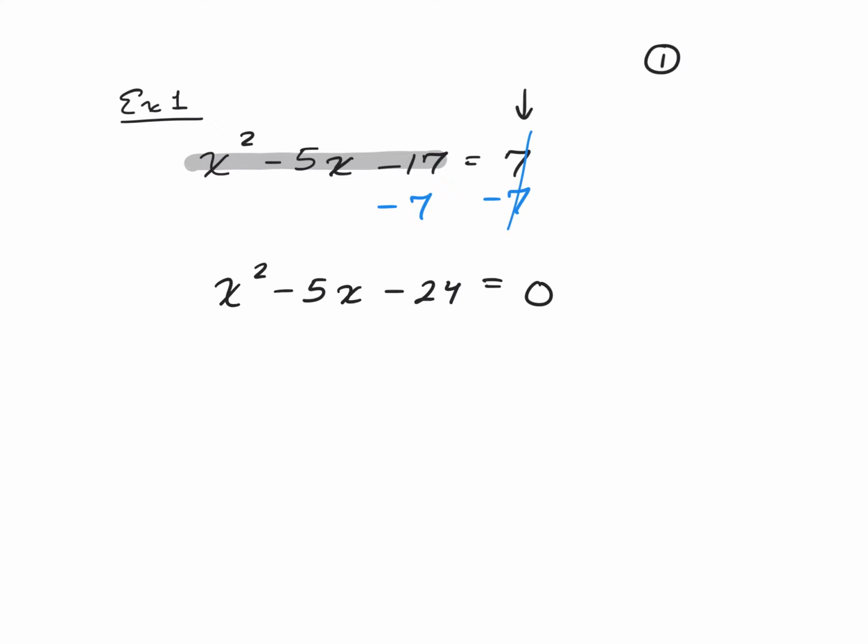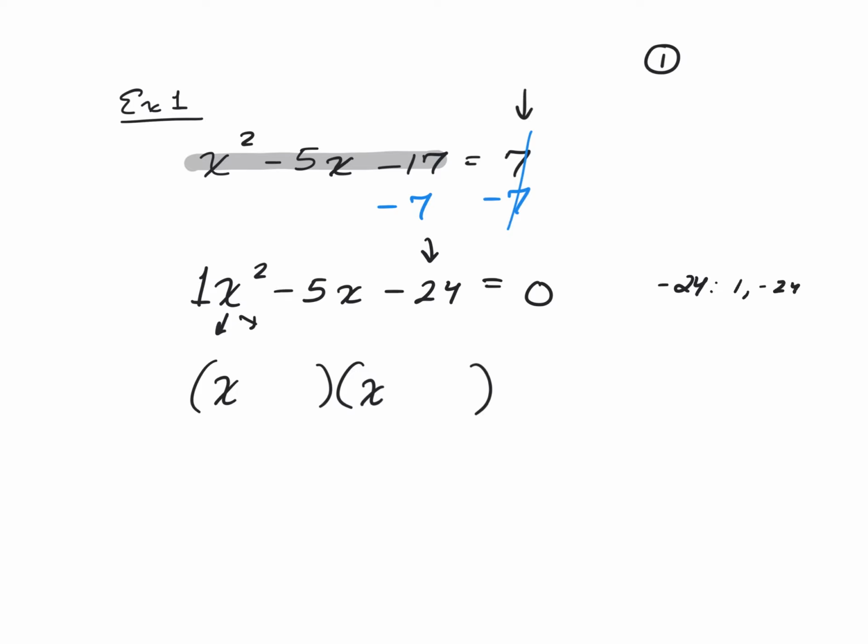All right, so then from here, we're going to factor this quadratic. Because the leading coefficient is 1, we can think about breaking this apart right away. Your first linear is going to have to be an x, so you separate your x squared and get x times x, which makes x squared. Now we're thinking about what are some factors of negative 24 that are going to make negative 5.